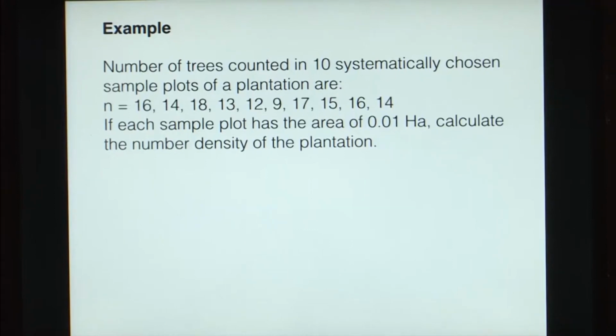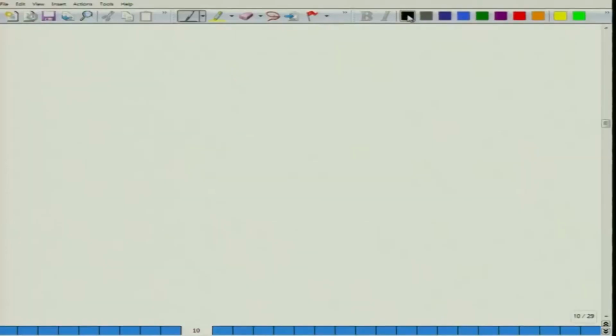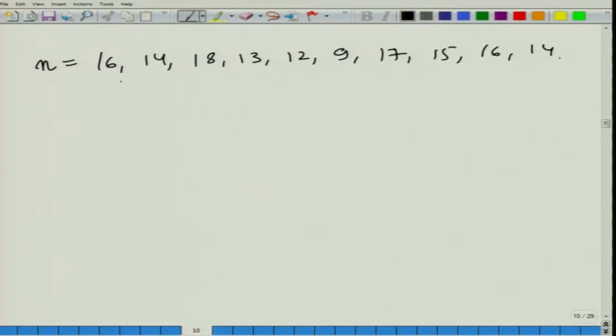The problem states that we have n equal to 16, 14, 18, 13, 12, 9, 17, 15, 16 and 14. So, we have 1, 2, 3, 4, 5, 6, 7, 8, 9, 10 samples.